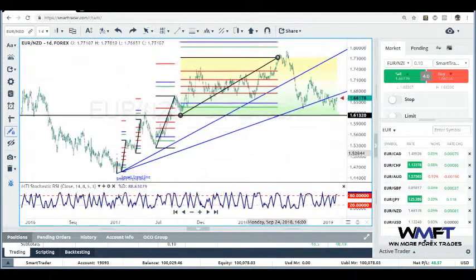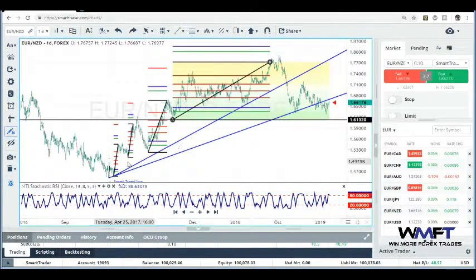All right, and we've got the daily time frame, highs and low prices. We've got two uptrend lines. Market has broken these trend lines.